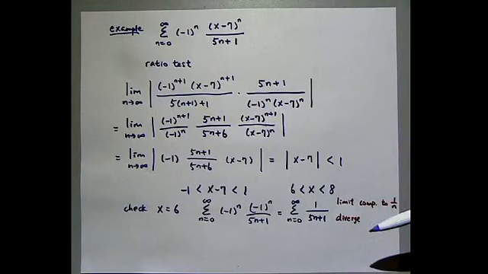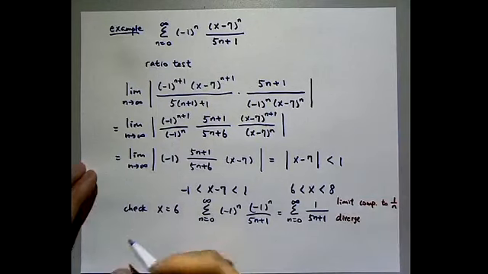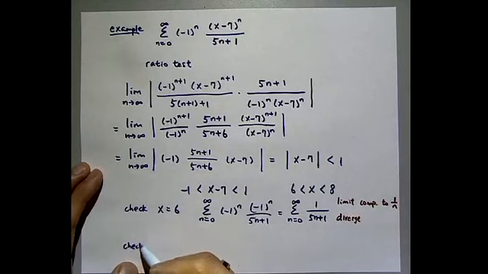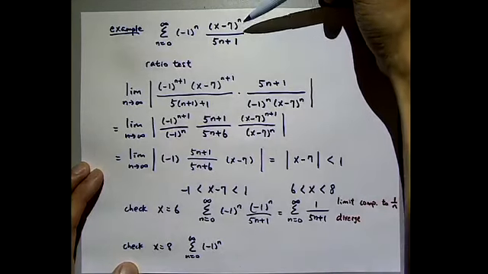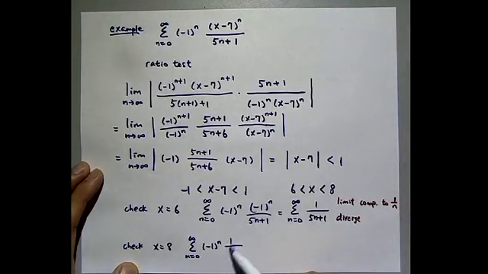Okay, now we check 8, right? We check 8. When x is 8, then we have 1 to the n up here, and that's just 1. And downstairs is 5n plus 1.